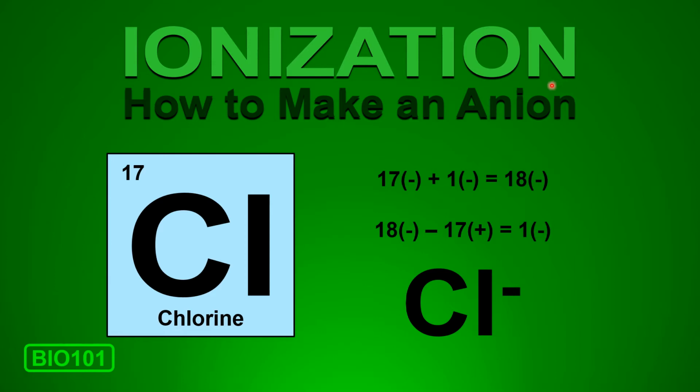We're making an anion, so we're going to add an electron. 17 plus 1 is 18. So now you have one more electron, and then you do protons, and so you take your 18 negative charges here, subtract your 17 positive charges. 18 minus 17 is 1, and of course that's a negative charge.